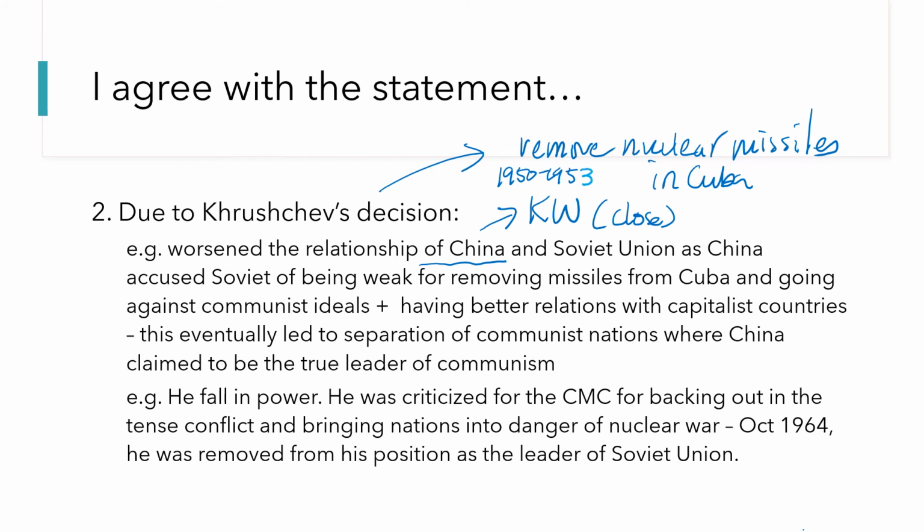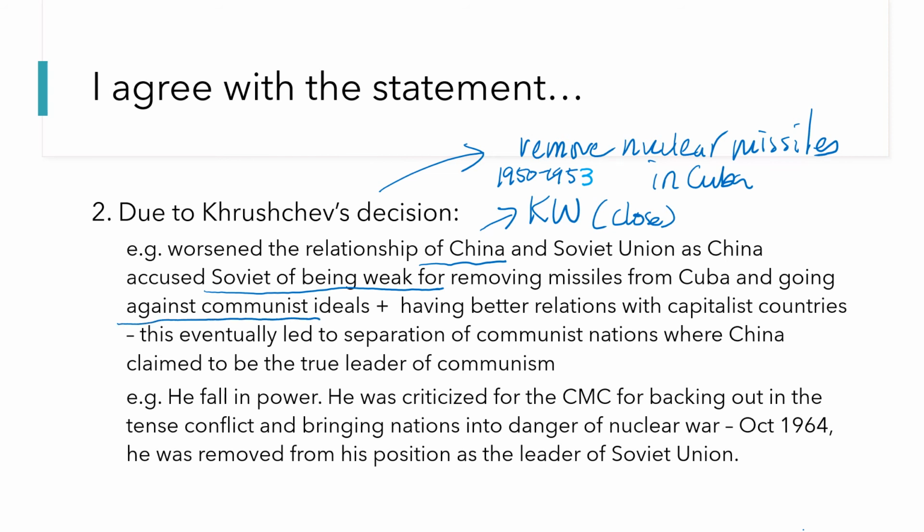So the relationship there was very good, but because of the Cuban Missile Crisis, China felt that the Soviets were being very weak. And the Soviets, by negotiating with the USA, were going against communist ideals.